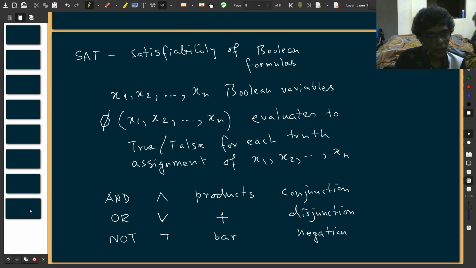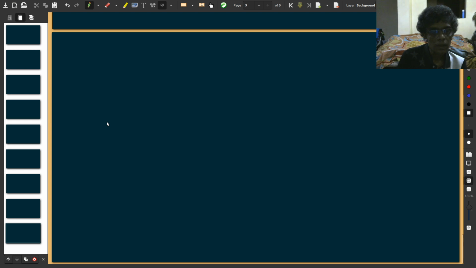And one particular type, the CNF formula, I will now explain. So CNF is the conjunctive normal form.